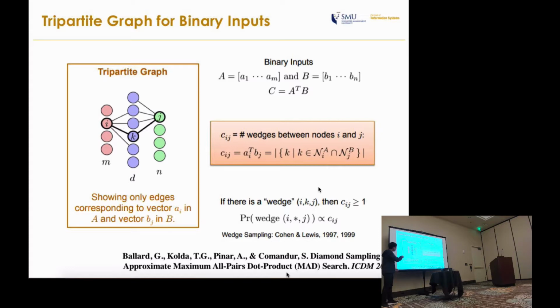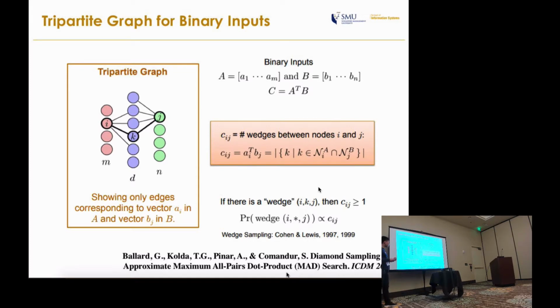There will be an edge between node i and node k if the value of a_ik is 1, and similarly there will be an edge between k and j if the value of b_kj is 1. So what this tripartite graph represents is that the inner product between vector a_i and b_j is actually the number of connected paths between i and j through any node in the middle.